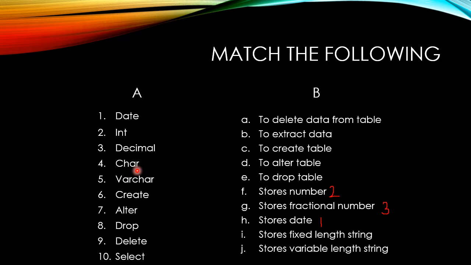That means that space gets wasted. But in varchar, it will be using only the variable length string. That means if the variable is of 5 characters, and even if you are writing varchar 10, then it is going to occupy only 5 character space and leave the other 5 character space, right? So for char the correct option is stores fixed length string. So here I'm going to write 4.